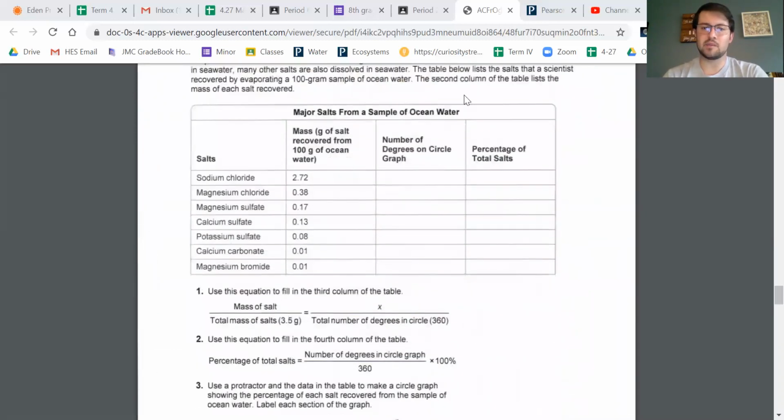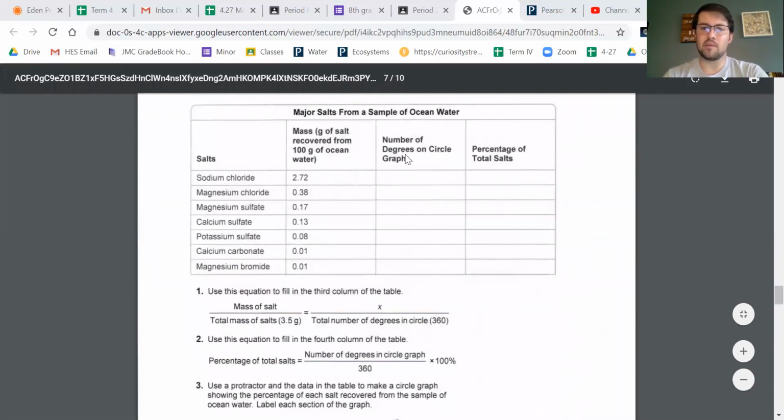And then back to this page, remember the number of degrees on a circle graph is optional. That's extra credit. The first person to submit a completely correct section of this table will get some sort of prize. And the percentage of total salts, that is finding the percentage.